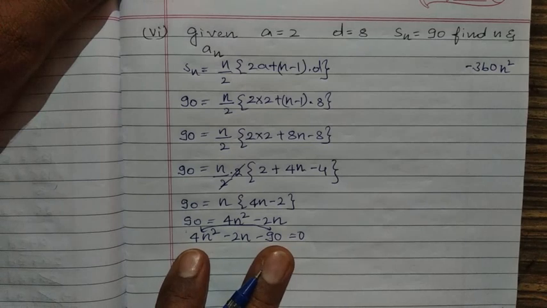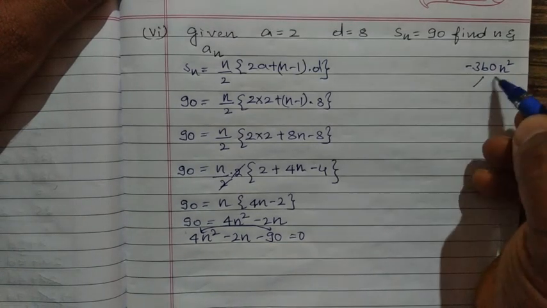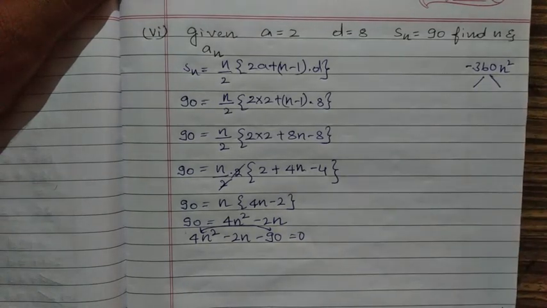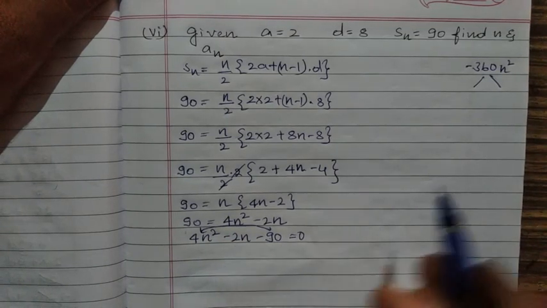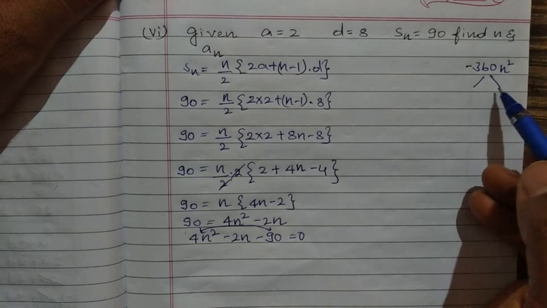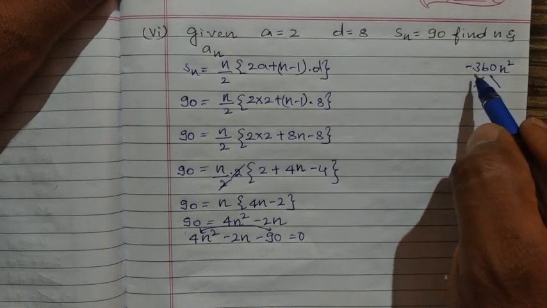If you multiply the extreme terms, it is minus 360 n square. Now split that in such a way that the sum or difference of the terms should be the middle term. There can be only one type of factor. See how to factorize this.